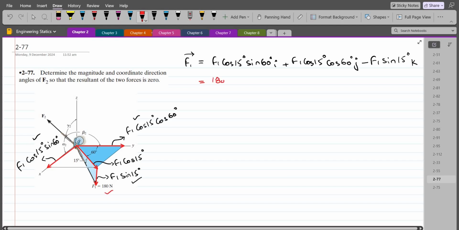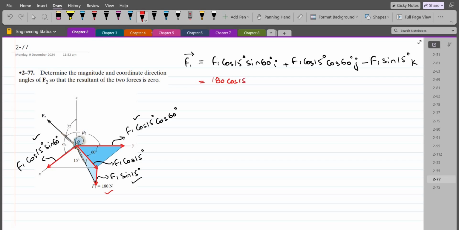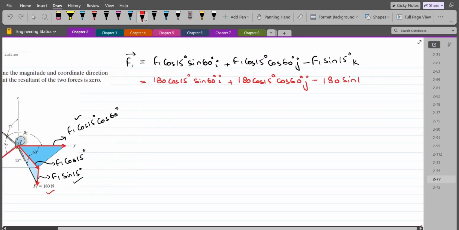So 180 into cos 15 into sine 60 i plus 180 into cos 15 into cos 60 j minus 180 into sine 15 k.